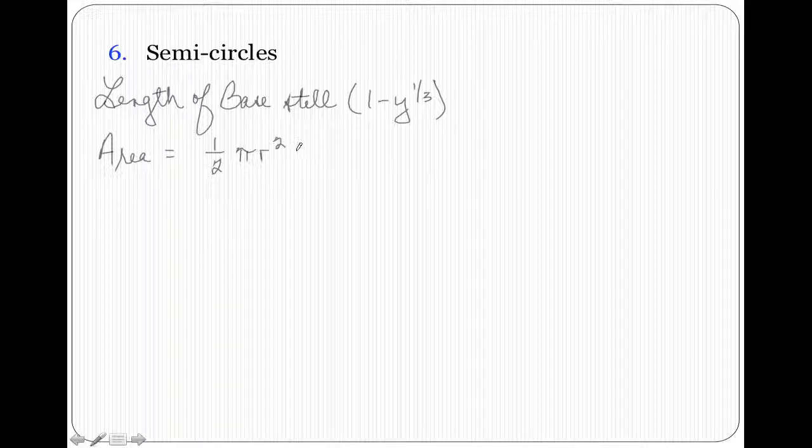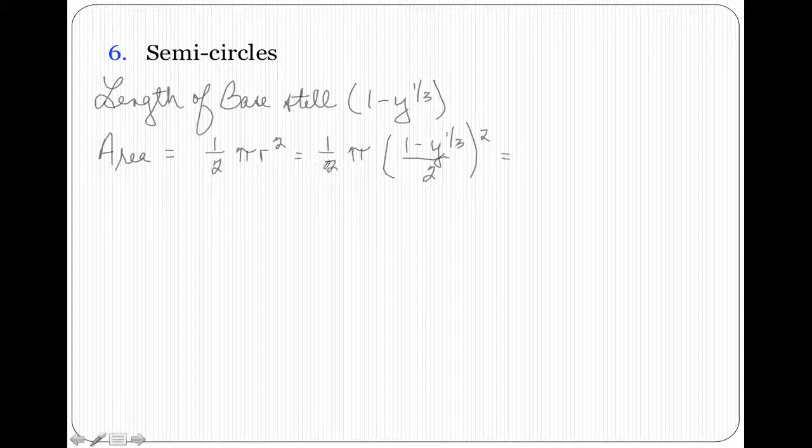So 1/2 pi. Now, remember this 1 minus y to the 1/3, that's the entire base. The radius is going to be half of that. So the radius we obtain by taking half the length of the whole base. But then we have to square that whole thing. So when you simplify it, remember the denominator 2 gets squared, so that's a 4 times the 2, that's the denominator out in the front, so you have pi over 8.